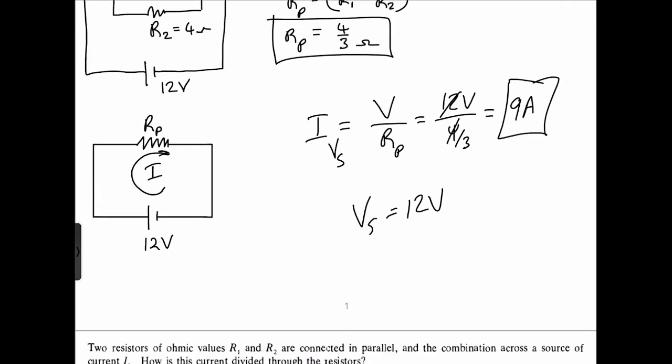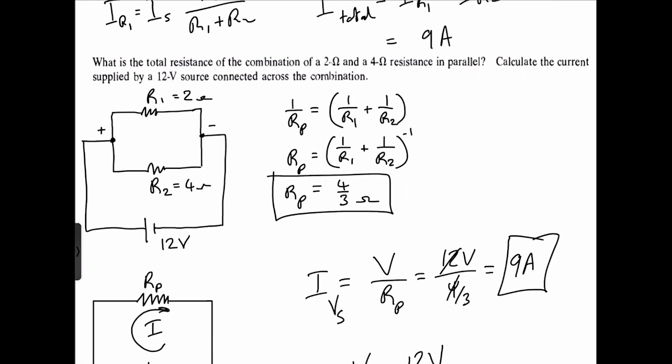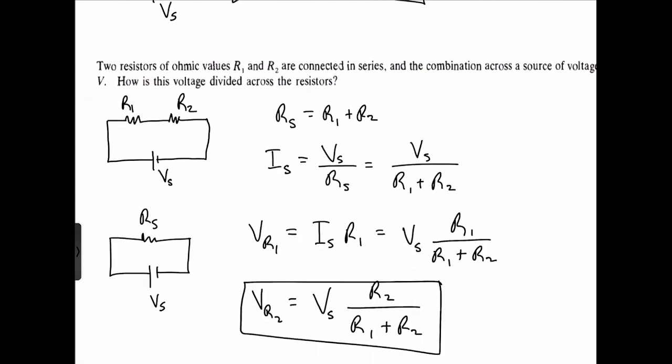Now for a series circuit, I guess both of these are parallel, so we can just do a series one down here. For a series circuit, let's say we have 2 ohms and 4 ohms, and the same voltage source of 12 volts. We know that Rs is going to equal R1 plus R2, which is 6 ohms.